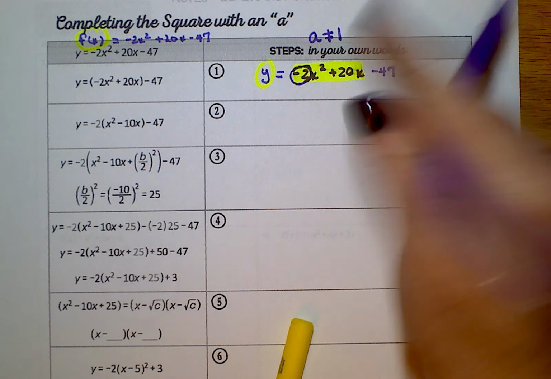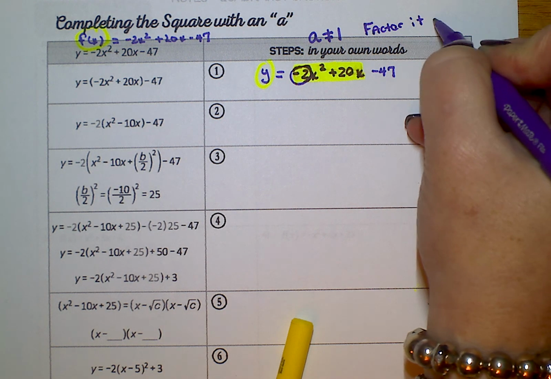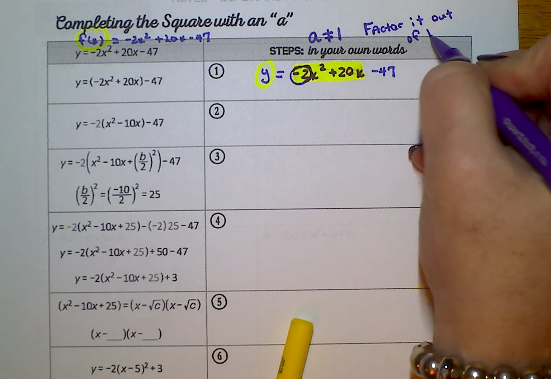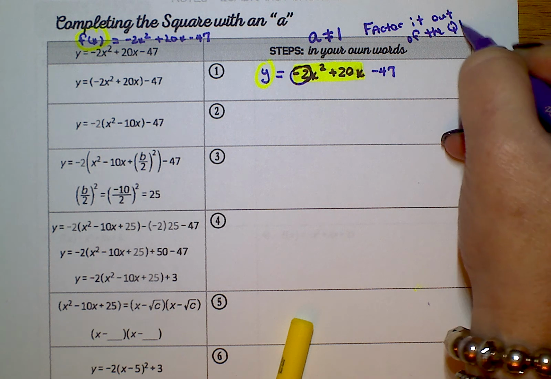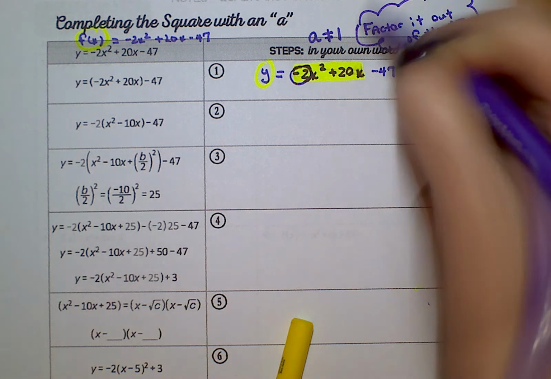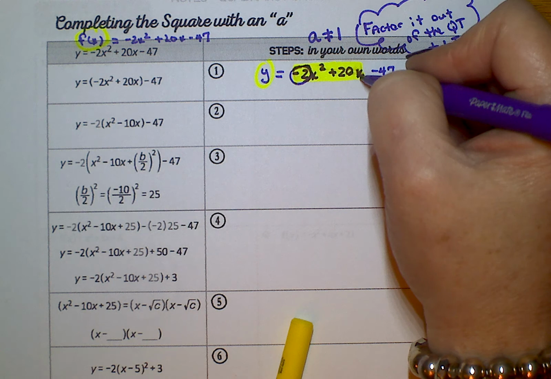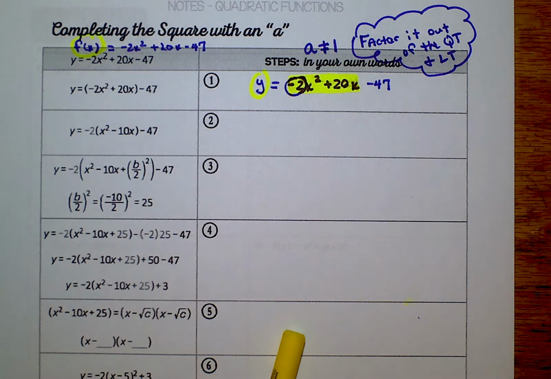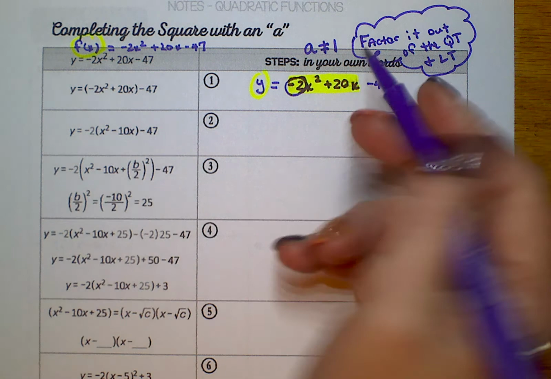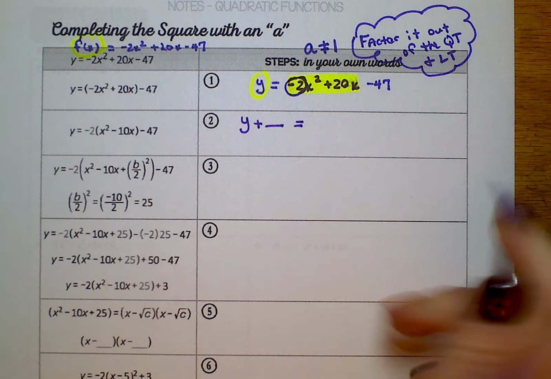If the A is not equal to 1, you have to factor it out of the quadratic term and linear term. The quadratic term is the one with the 2, and the linear term is the one with the x. Sorry, my dogs are going crazy. Okay, so now I'm going to put y plus blank, like I mentioned.